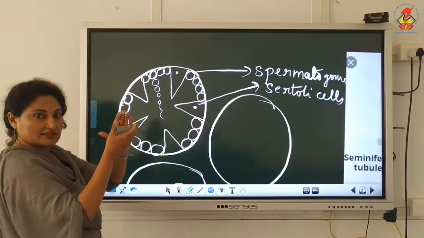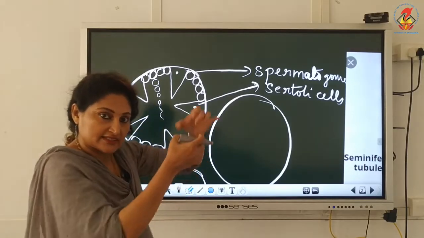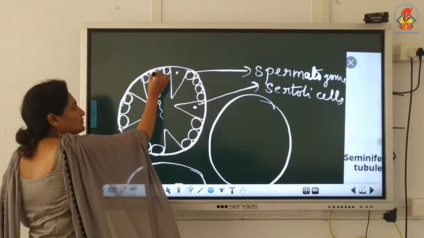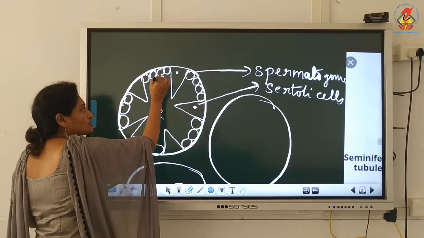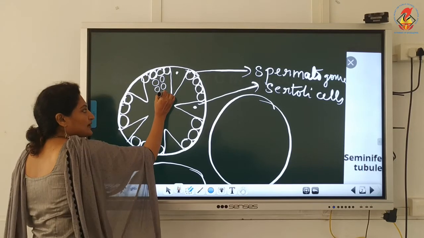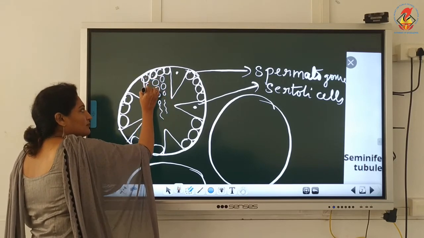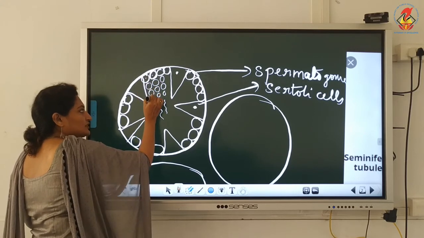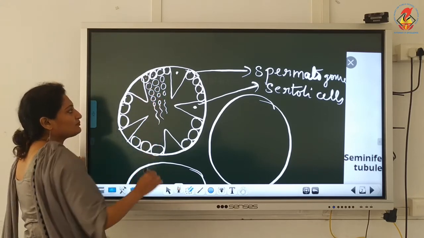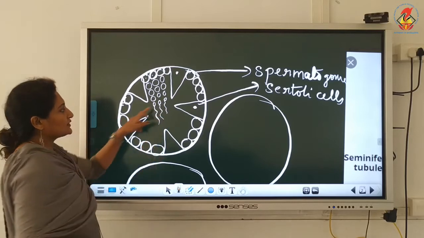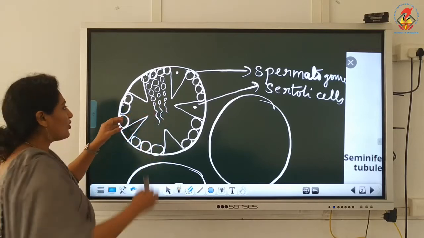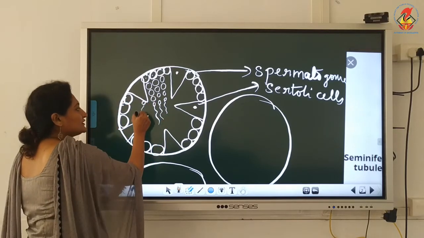So, you can see the different stages of development like a stack. Again spermatogonia, primary spermatocyte, secondary spermatocyte, spermatid, sperm. But remember, the sperms are not located like this. All the sperms that are formed get embedded in the Sertoli cells.